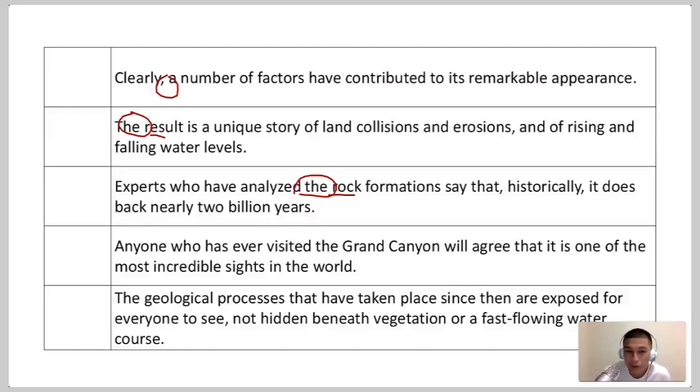But if you just want to confirm, we can go down and look at maybe this word, it. So if we say it, what is it? So it's referring back to the rock formations, right? So it's referring to itself. So we cannot use this as the first one.